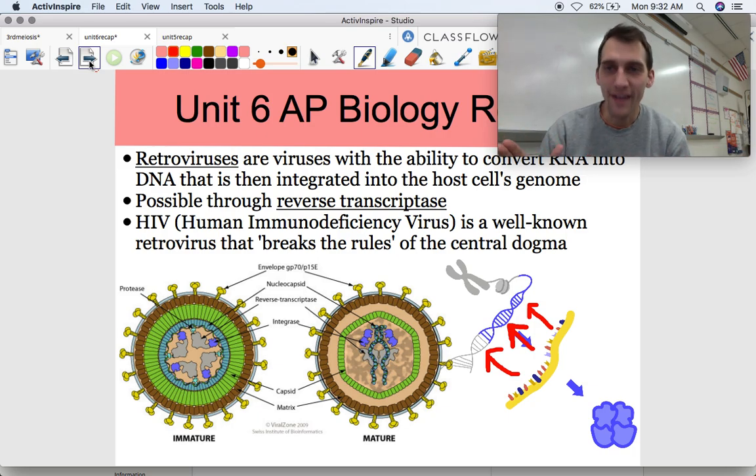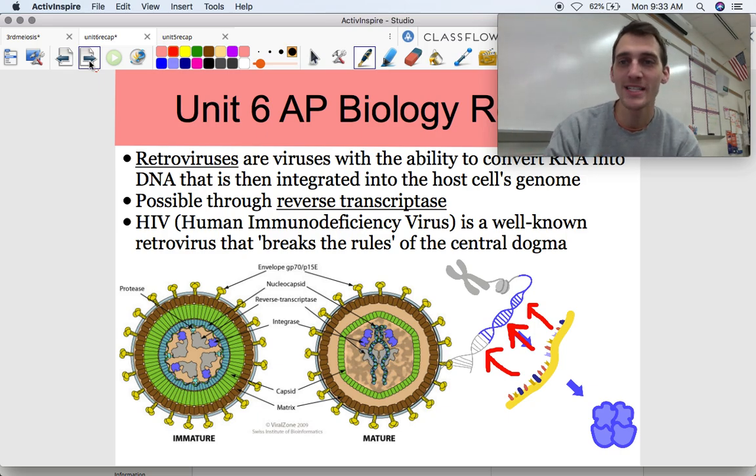I think it's absolutely fascinating. Viruses are really sad and scary, but they're also really, really cool. Especially retroviruses. These are especially sad, but also very interesting. They are viruses with the ability to convert RNA into DNA that is then integrated into the host cell's genome. What? It's going backwards.